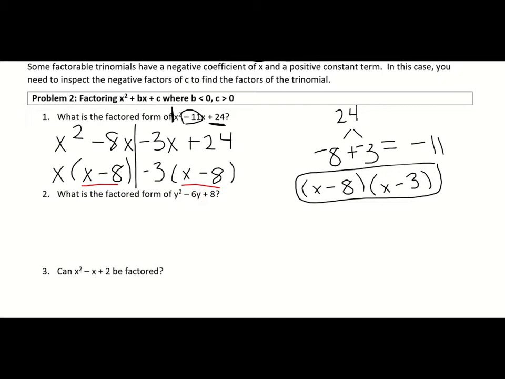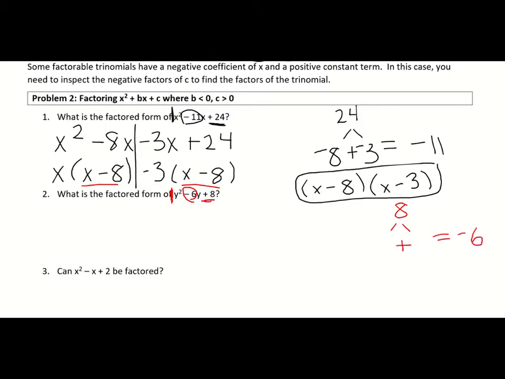So let's look at number 2. We want to factor y squared minus 6y plus 8. So I'm going to need to multiply the number in front of the y squared, which is 1, and my constant 8 to get 8. And I need two numbers that multiply to 8 that add to the middle number, -6.